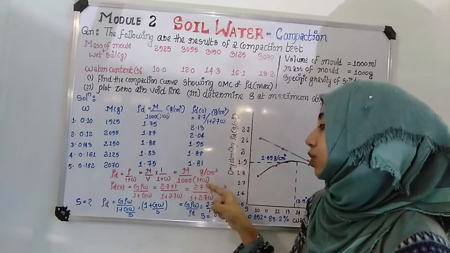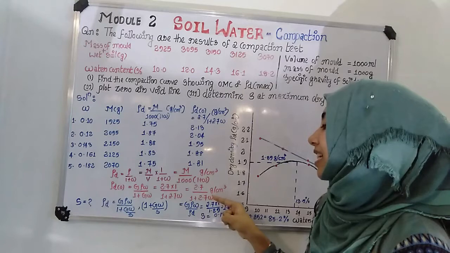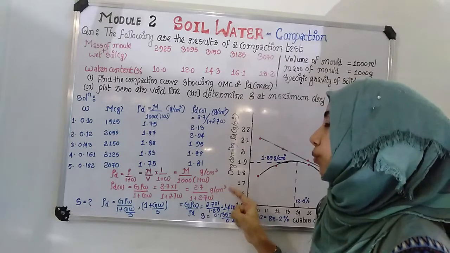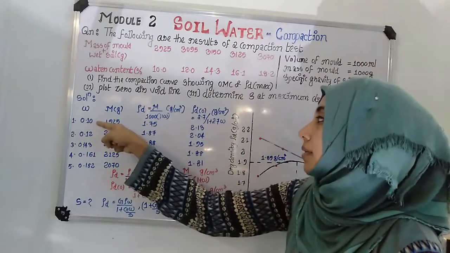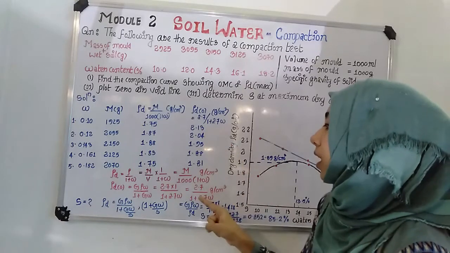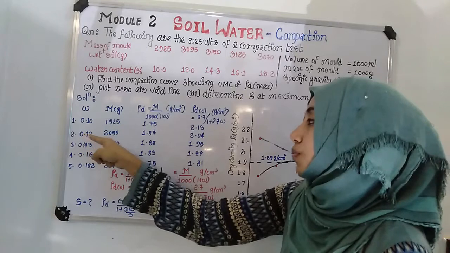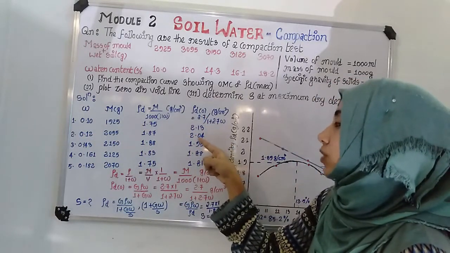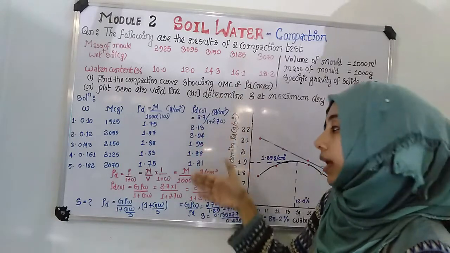So we get 2.7 divided by 1 plus 2.7 W, or omega, gram per centimeter cube. When we substitute a water content of 0.10, we obtain rho D0 as 2.13. When we substitute a water content of 0.12, we obtain rho D0 as 2.04. Likewise, we can calculate all other values.